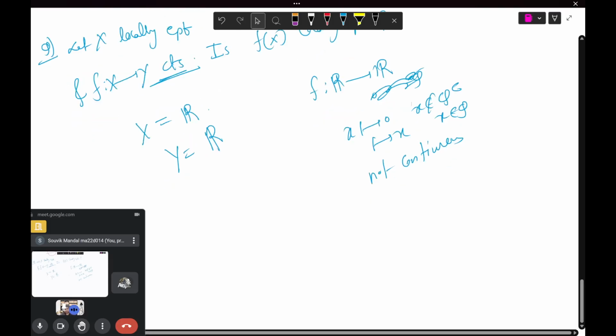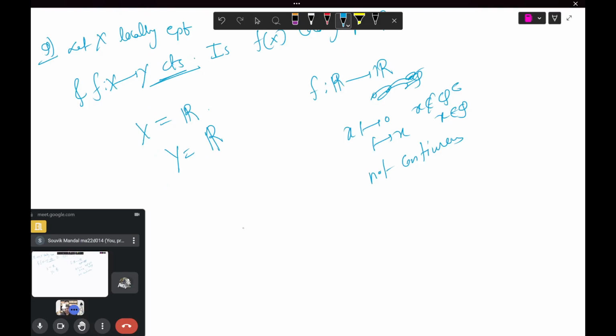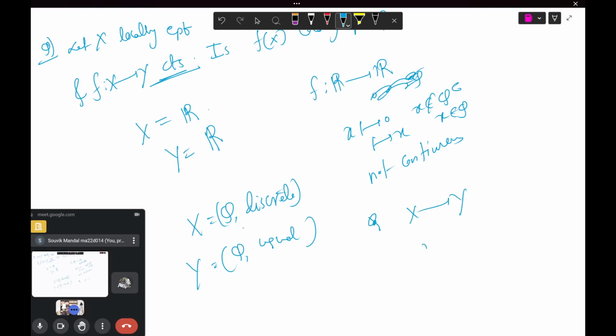Take X to be Q with the discrete topology and Y to be Q with the usual topology. From X to Y take the identity map. Y, Q with the usual topology, is not locally compact.